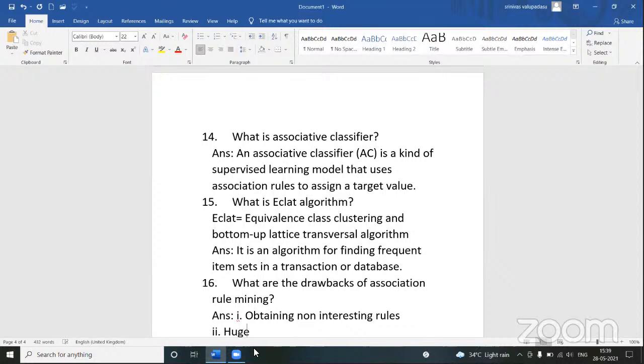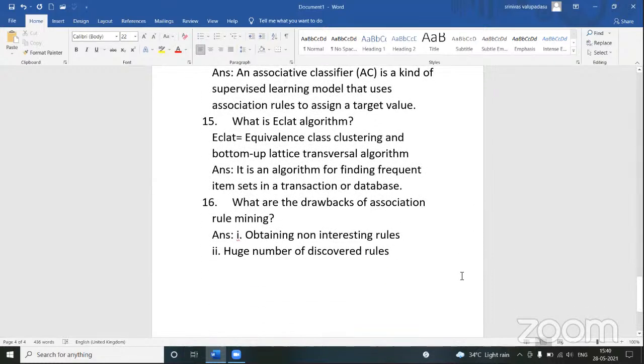So these are the main drawbacks in association rule mining. The next question.